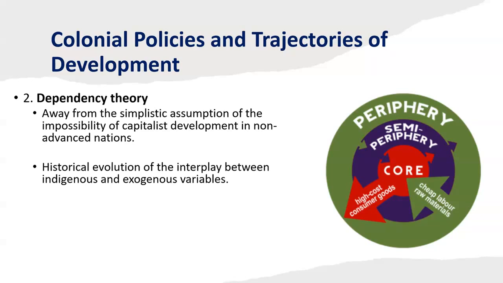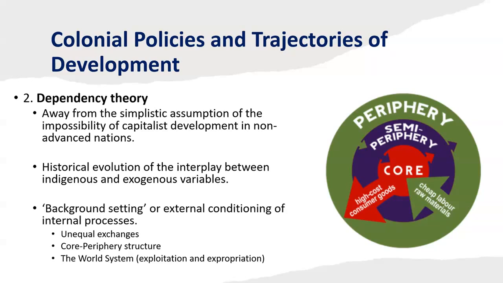So we need to understand the interaction between external factors, and how this dependent status between the core and the periphery affects the development trajectories in developing nations. The main assumption is a clear division: the international economic structure is divided between the core and the periphery, and it's based on unequal exchange.